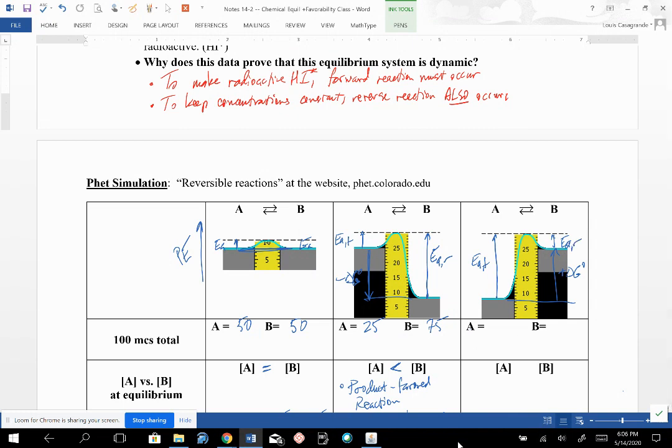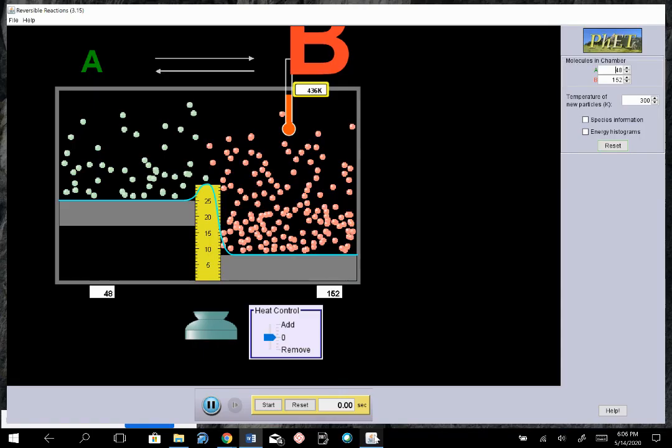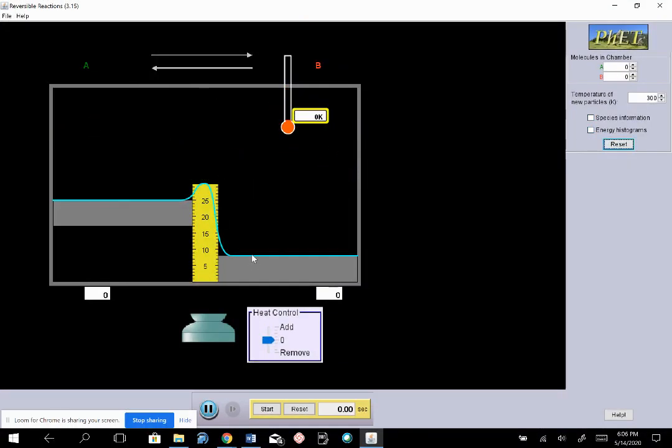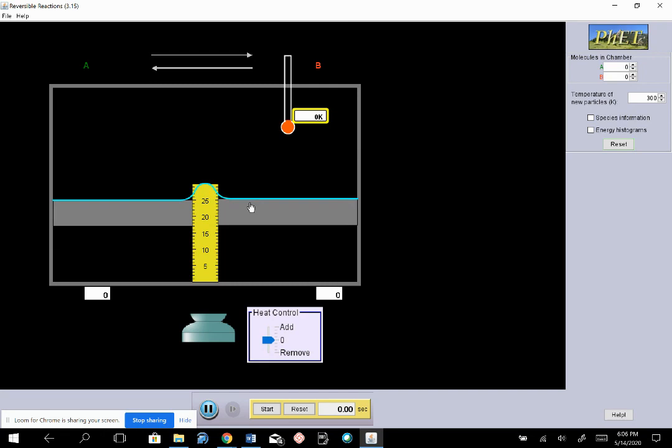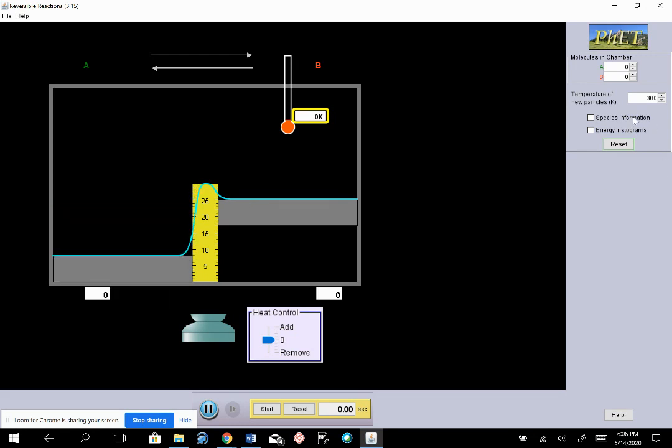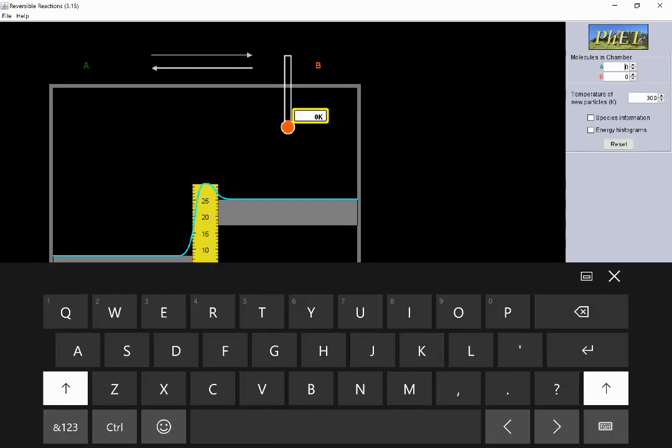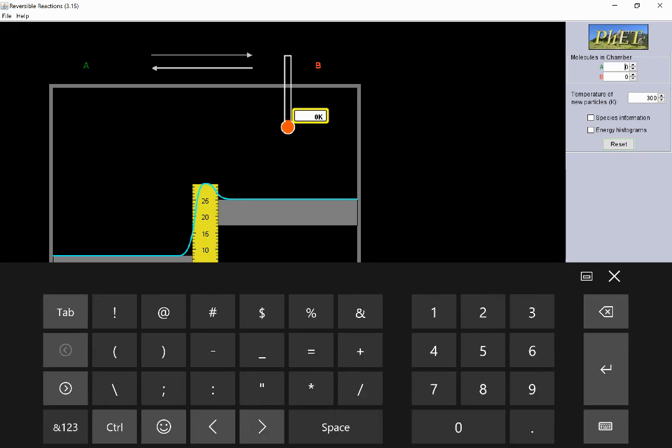So go to our simulation. Let's reset this, and let's bring that up. I wish I had a little finer control on this. We'll bring that down. Now, as I put these in, think to yourself what you think is going to happen here. What direction is it going to be easier to go into?